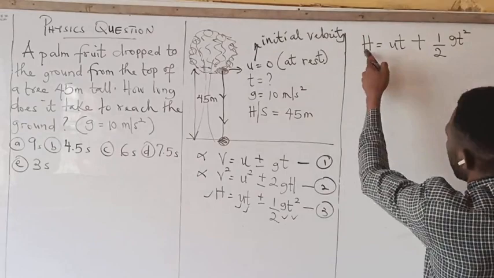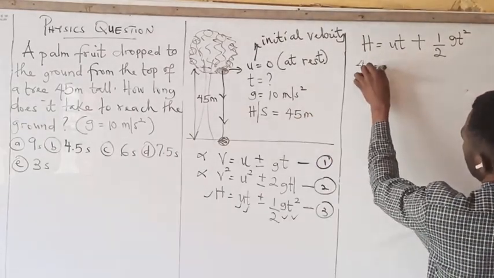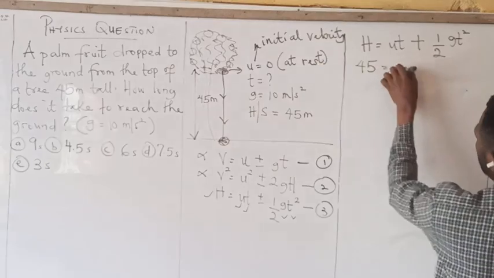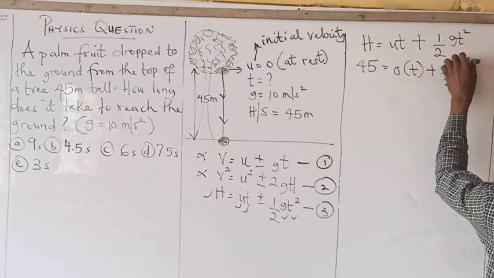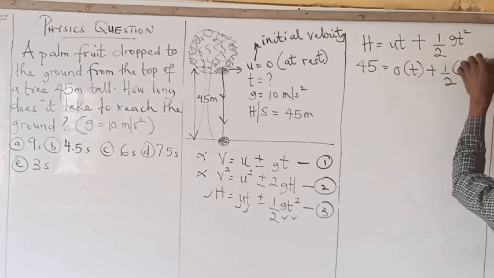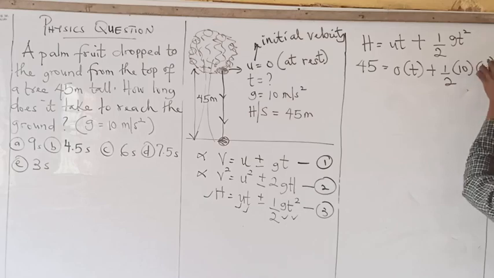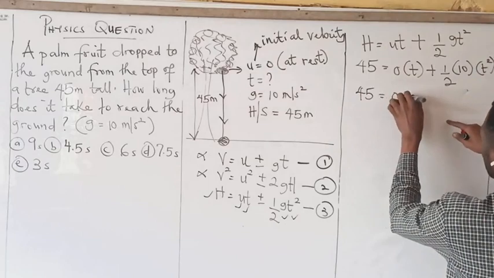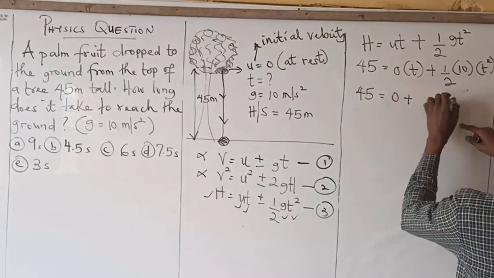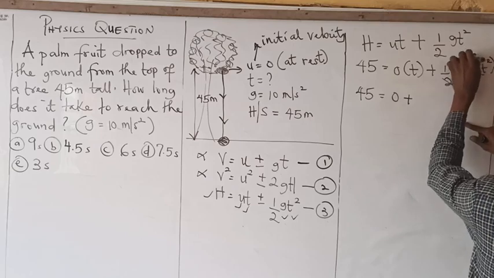So let's go on. h is 45. Our u is 0, times t, plus half. Our g is 10. Our t is t squared. Oh no, we're looking for the unknown. So we have 45 equals 0 plus half times 10 times t squared. The 2 can divide into 10, which is 5.